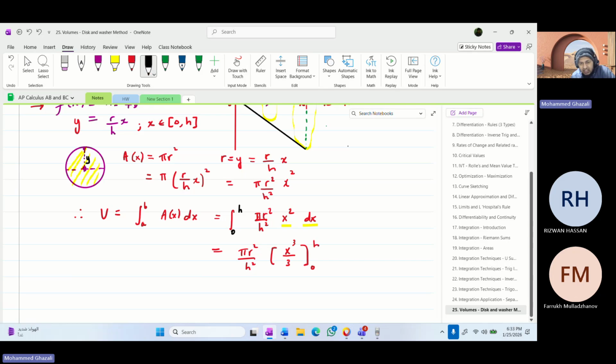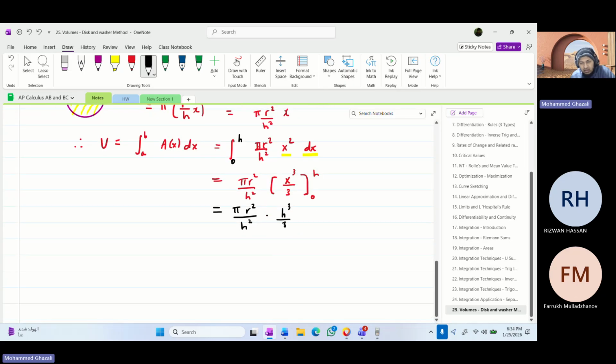Now, if I substitute h inside, I will get pi r squared over h squared times h cubed over 3 minus 0, because the x value is 0. And guess what? H squared and h squared cancel out. What do you have?